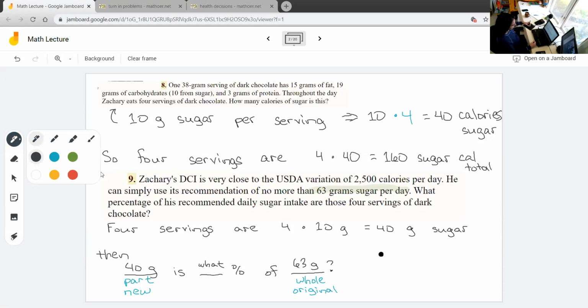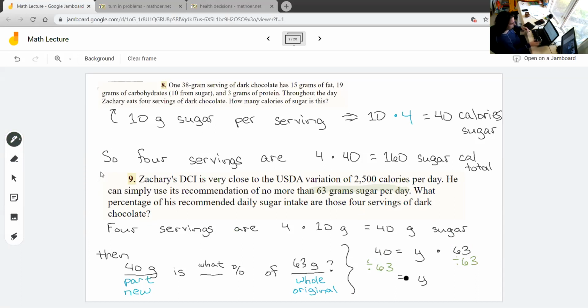So when I translate it, 40 is becomes equals, what becomes y, of becomes multiply, and 63 stays there. I have something times 63 stuck onto y, so I'll do divided by 63. Whatever that is. So about 0.63.